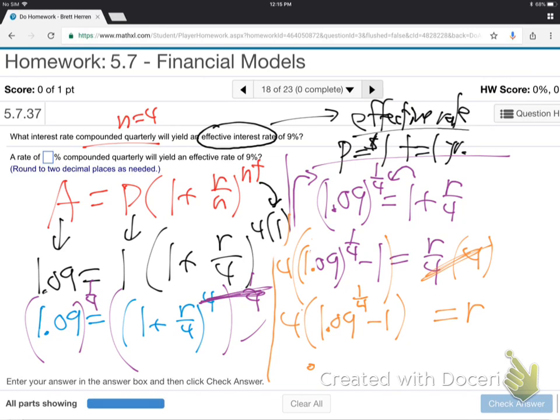I'm getting 0.08771127. Change that to a percentage. 2 places. How many places at once? 2. 8.71%. That's the listed rate. 8.71%. The actual effect is 9%. So that makes sense, doesn't it? A lower rate, 8.71%, has an actual effect of 9%.